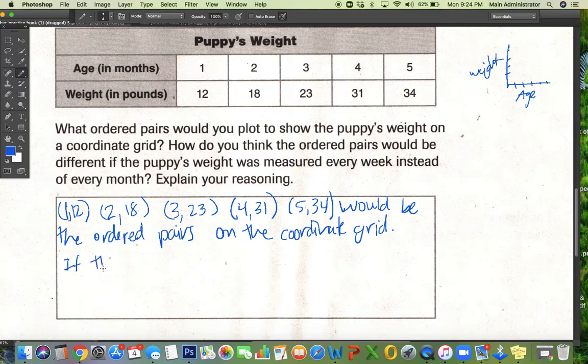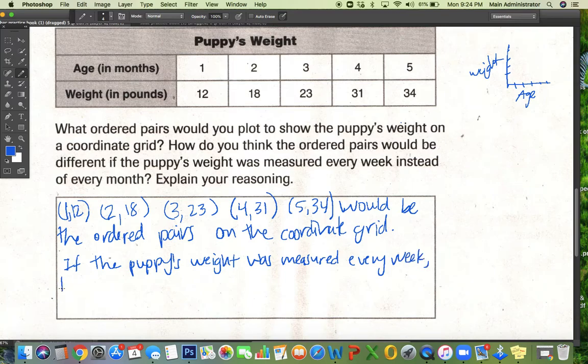If the puppy's weight was measured every week, I would say it would look like he wasn't gaining as much weight.